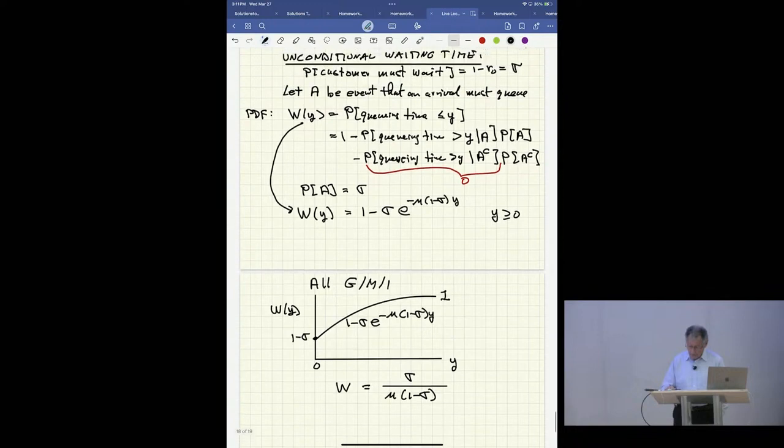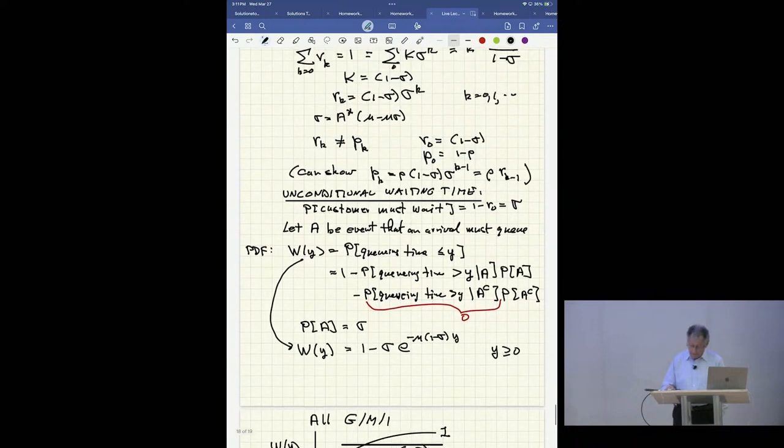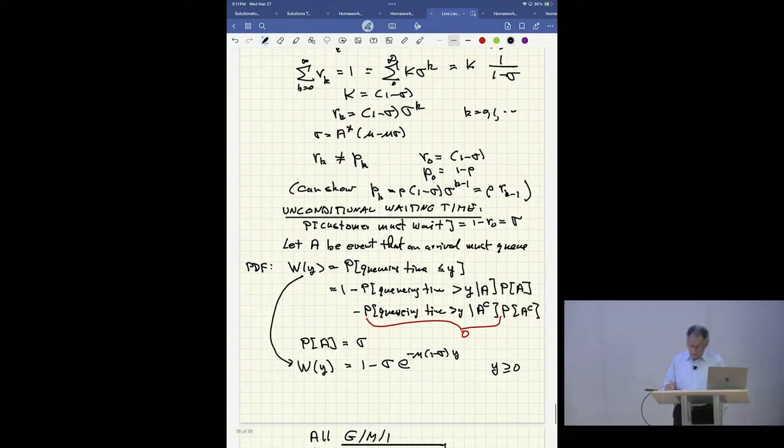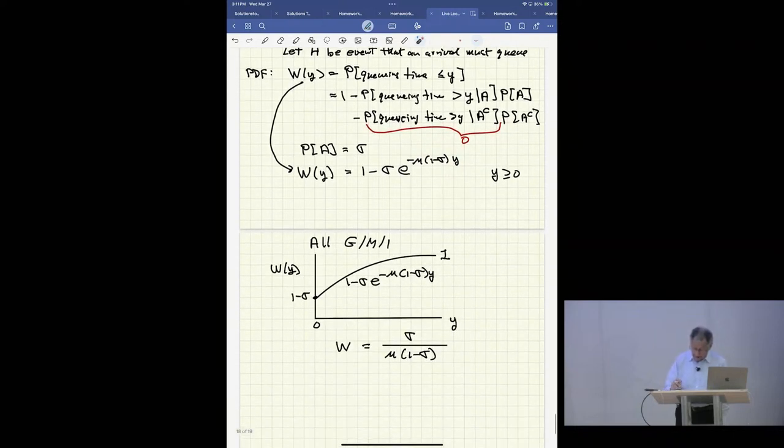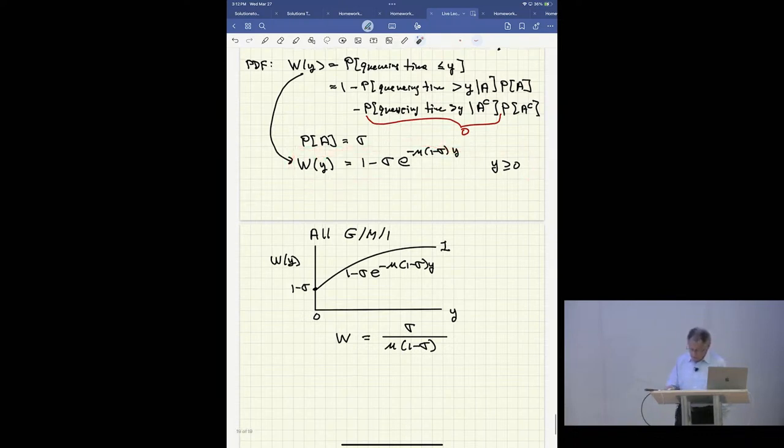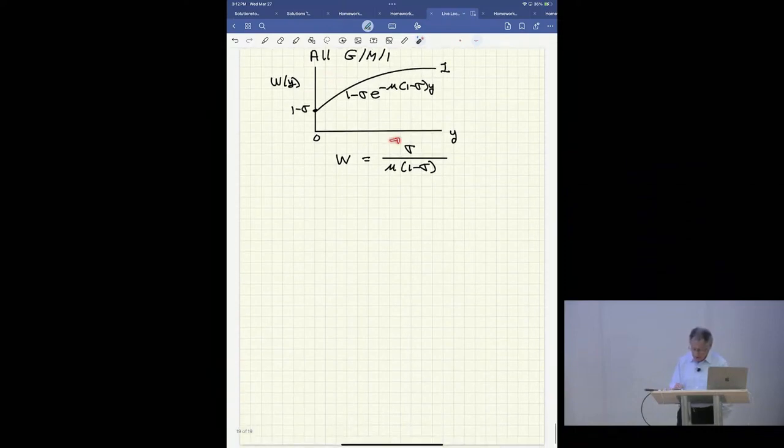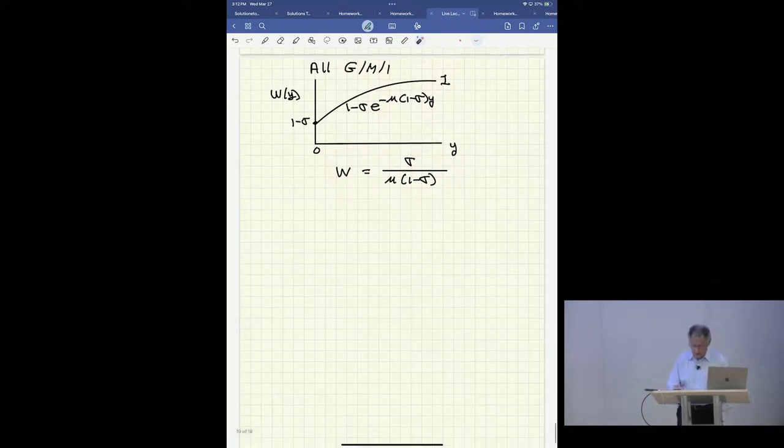It tells us, first of all, that R sub k is 1 minus sigma times sigma to the k. Finding sigma from this. It tells us that the waiting time distribution for all GM1 is this very nice exponential, which I've drawn below. And here's the mean waiting time in GM1. The only unknown is sigma, and you find it from that simple equation. Okay.